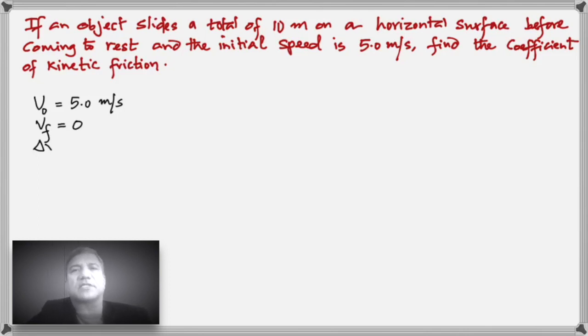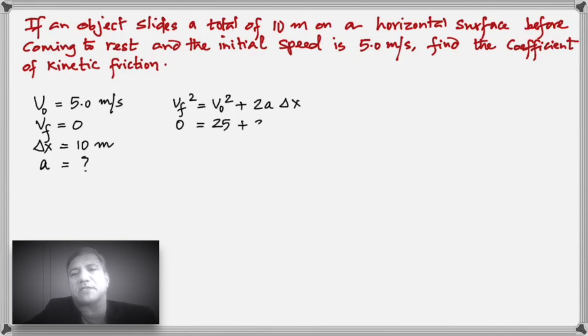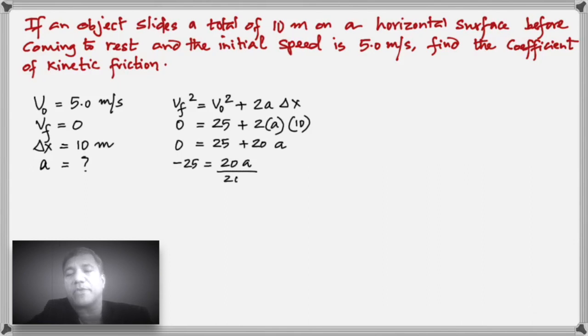So the initial velocity is 5 meters per second. The final velocity is 0. Displacement is 10 meters, and we're looking for acceleration. The equation that connects them in kinematics is Vf squared is V naught squared plus 2a delta x. When you substitute the terms and calculate carefully, of course, you're going to get a as negative because it's really slowing down.